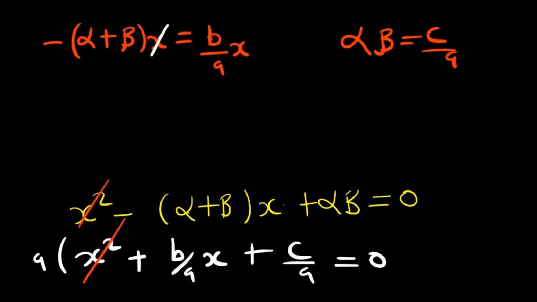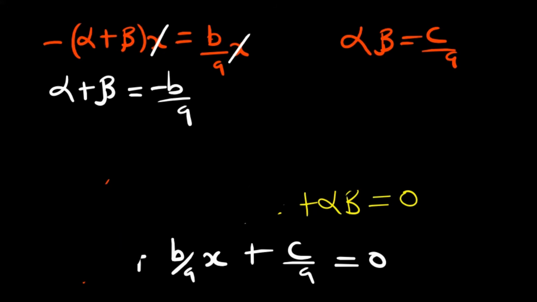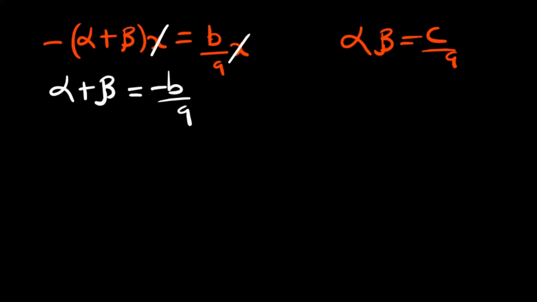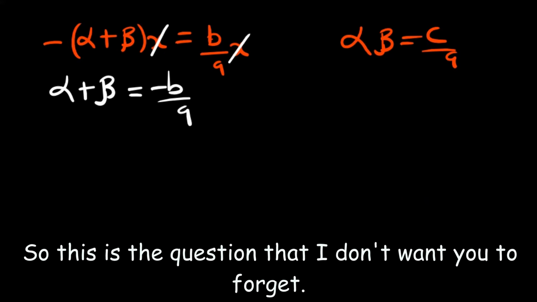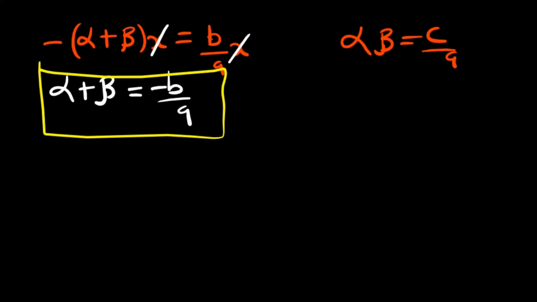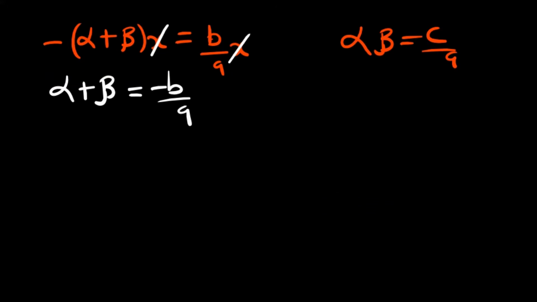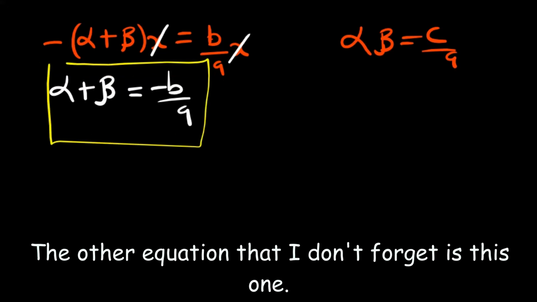So the x and the x can divide out, and then the negative can move to the other side. So I'm going to have alpha plus beta is equal to negative b over a. Okay, this is the equation that I don't want you to forget, and another equation that I don't want you to forget is this one.